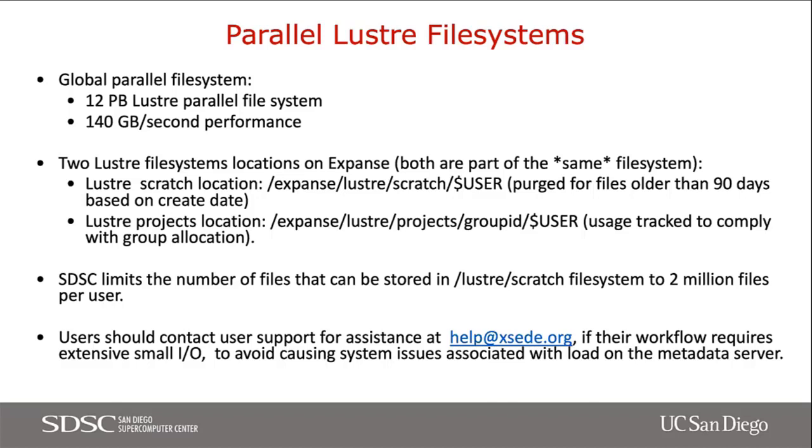And if your workflow does need intensive, extensive small block I/O, or lots of small files, you should contact us if you need help with using the local scratch. This particular Lustre file system has metadata on MDT and can handle a lot more IOPS, so it's a little better equipped to deal with the small file I/O, but we still recommend using NVMe wherever you can.